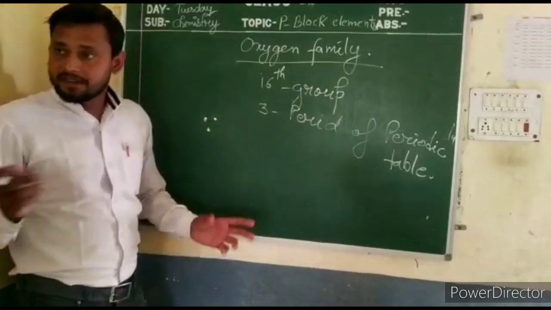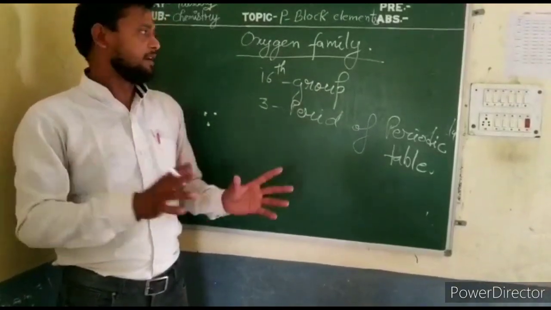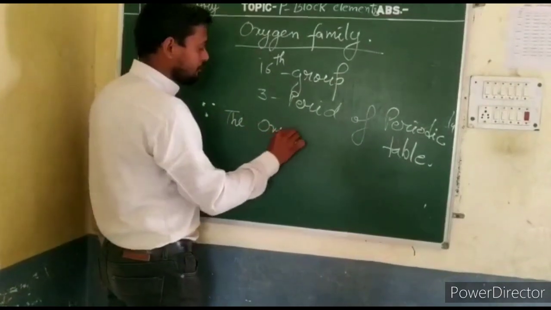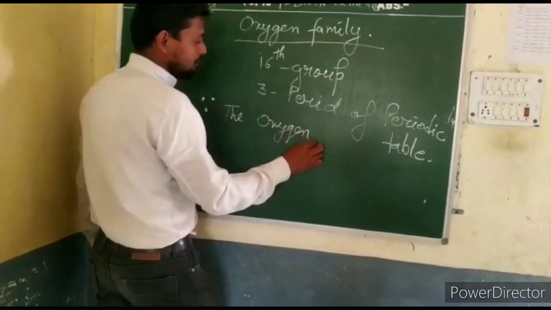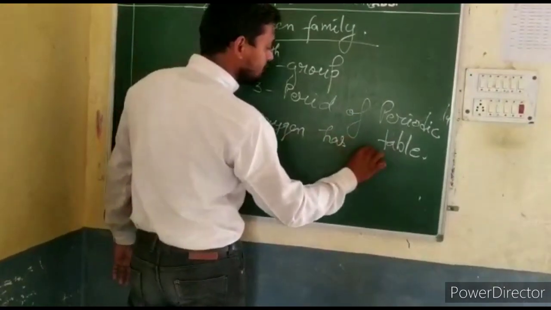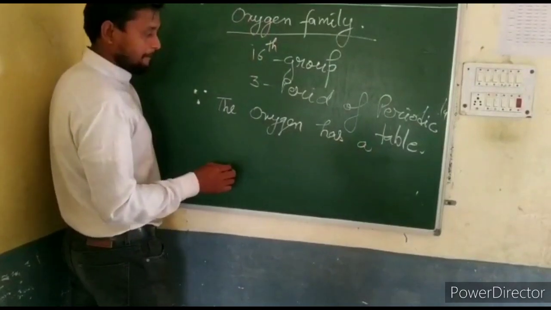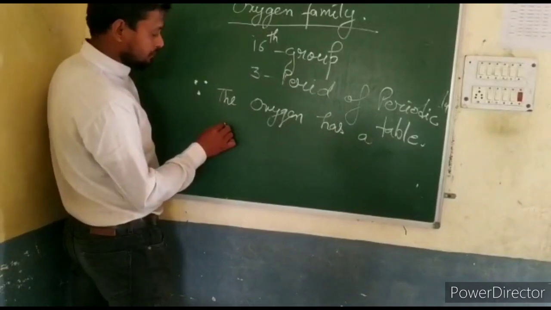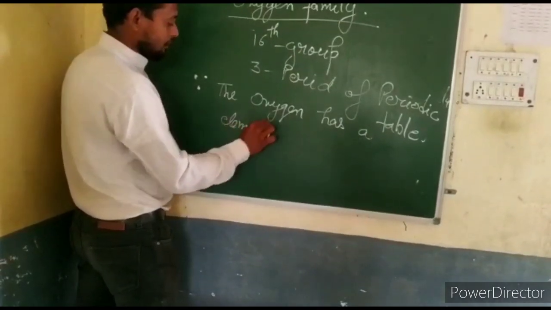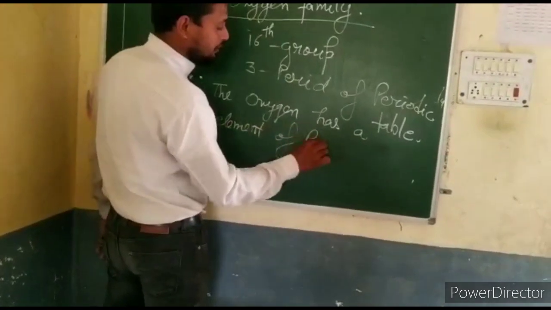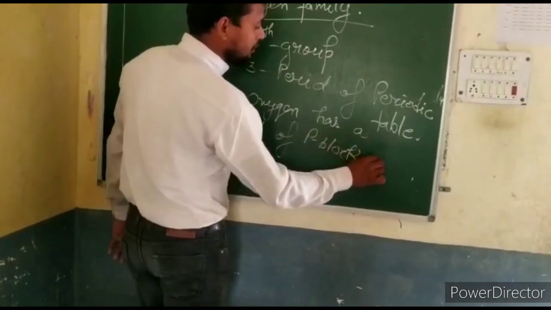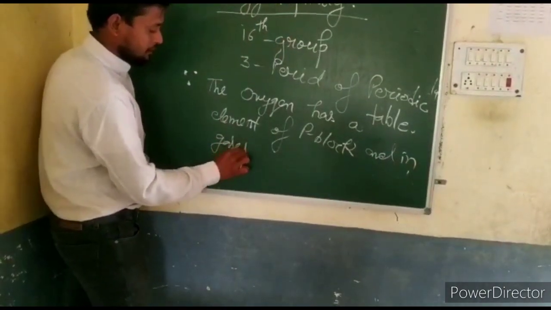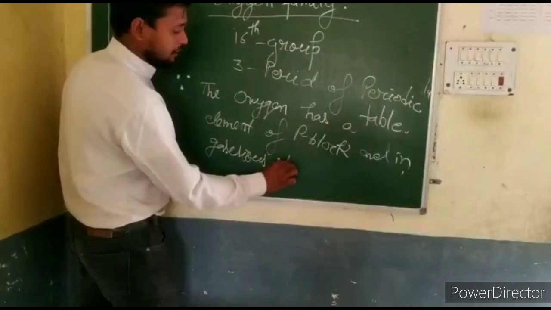We have previously read about oxygen. Oxygen is an element of the P block and in the gaseous state.